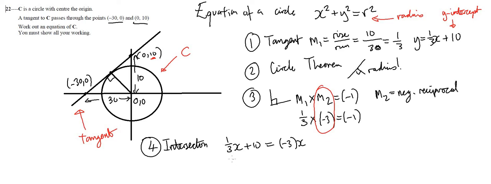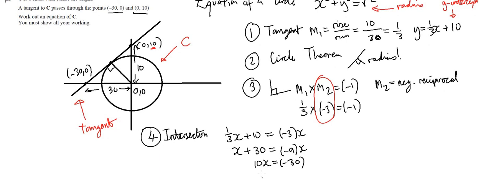So 1/3 x times 3, that's x. 10 times 3, that's 30. Minus 3 times x times 3, that's going to be minus 9x. Okay, let's take away the 30 and add 9x. So I've got x plus 9x, that means I've got 10x over here. Take away 30 and take away 30, so that's going to be minus 30, which means that 1x is equal to minus 3.